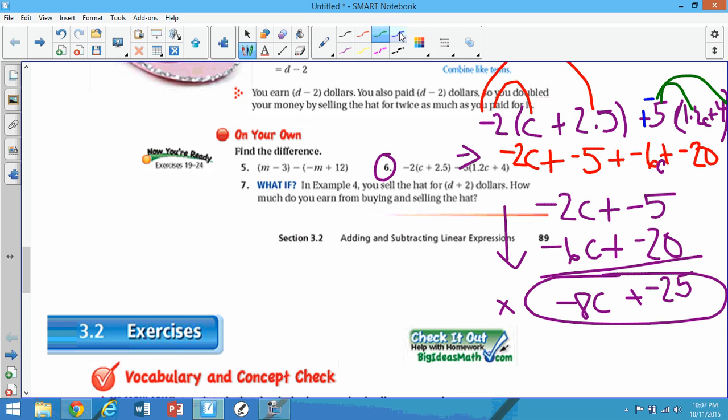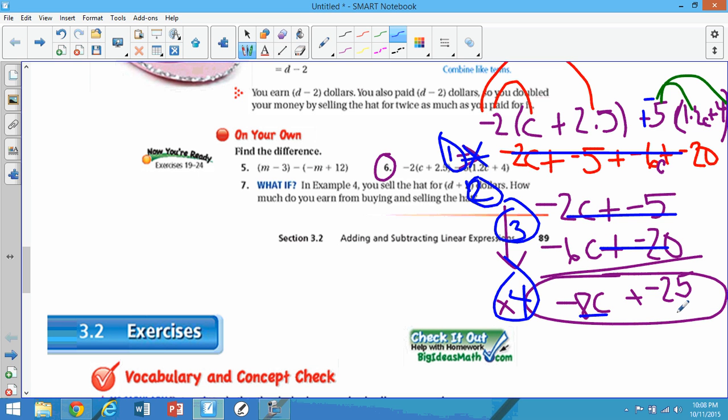So 1 point for the distributive step, 1 point for the subtraction step, that's 2 points, 1 point for combining your like terms, that's 3 points, and 1 point for your answer, that's 4. So a problem like this is worth 4 points. You need to make sure you show every single step. Step 1, step 2, 3, 4. Okay, you need to have that all.